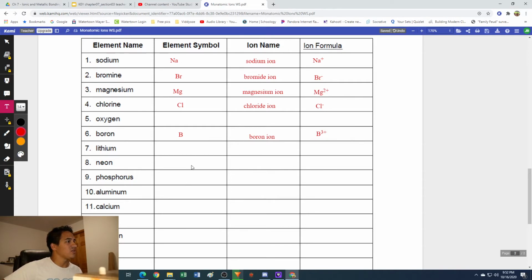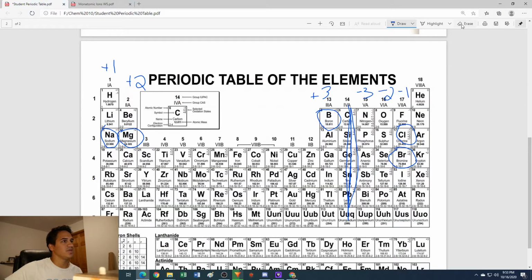All right, let's take a look at number 8, neon. All right, so let's find neon. Neon, let's actually erase some of these other ones here that we circled. Neon is right here. All right, so this one's a little bit interesting because neon is in column 8. So what kind of charge is that going to have? Well, it's a trick question. Neon isn't going to make ions because it already has 8 valence electrons.